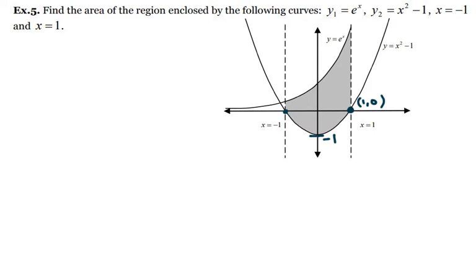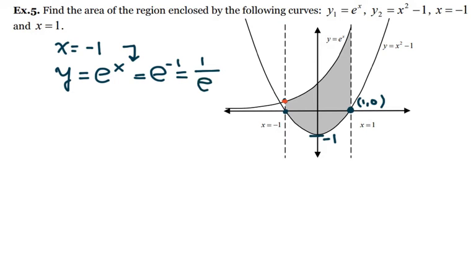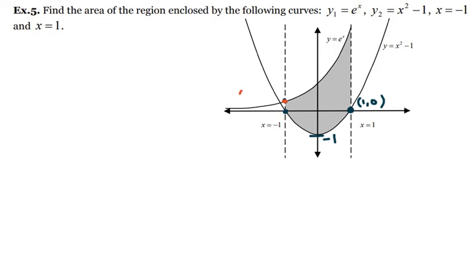And the point where the graph of e to the power of x meets x equals negative 1: if I place x equals negative 1 here, I get y equal to 1 over e. The point right here would be negative 1 and 1 over e.